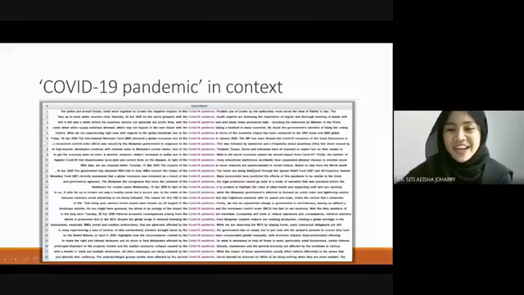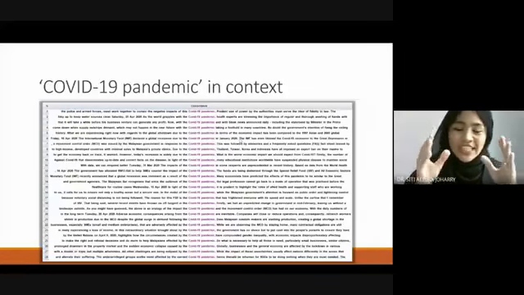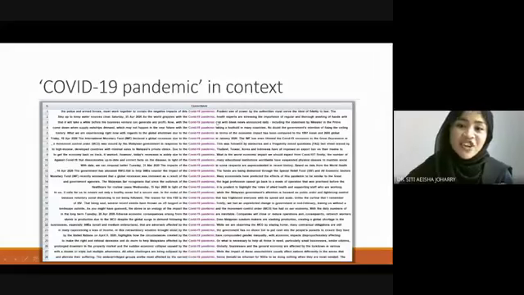At first it may be overwhelming if you get COVID-19 pandemic occurring in more than 30 lines, because the concordancing would take a snapshot of how many occurrences, and it will give you the specific line that it occurred in.